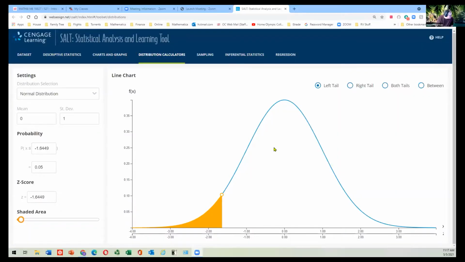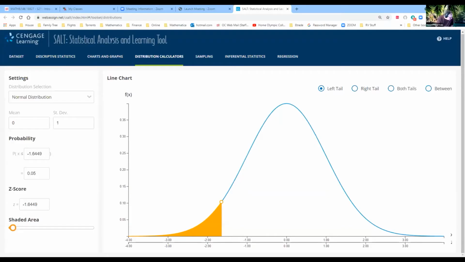So here is the SALT window. Usual question, are you seeing it? Can you see the normal distribution? No, okay. So that's why I keep asking things that are obvious, because sometimes they're not. Can you see it now? Can you see the SALT window with the normal distribution? Okay, what are you going to do this time? Third time lucky. Can you see it now?